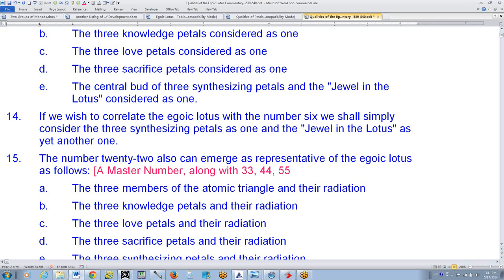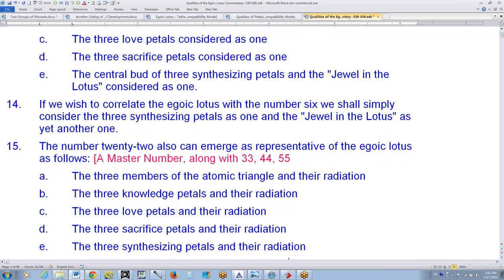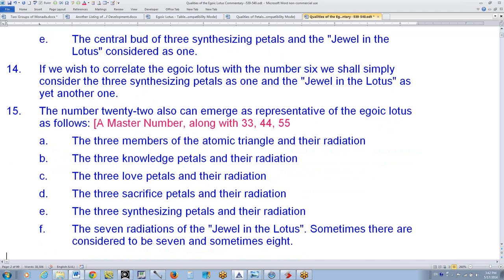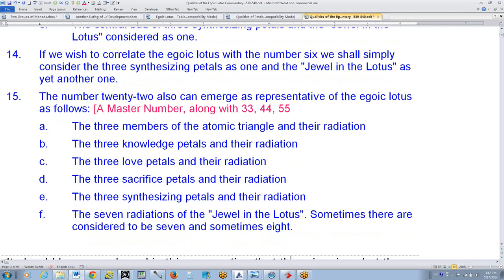But the 3 members of the atomic triangle and their radiation will each be counted separately, and the 3 knowledge petals, and the 3 love petals, and the 3 sacrifice petals. So we're probably up there to 12 and the 3 synthesizing petals, and these 7 radiations, or facets anyway, 7 facets of the jewel in the lotus.